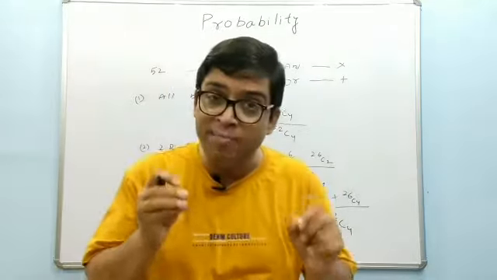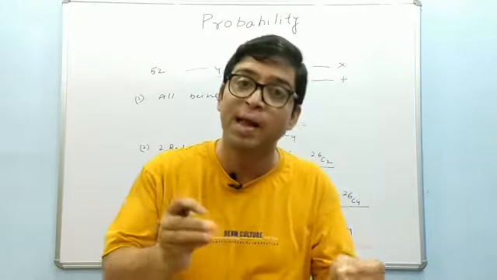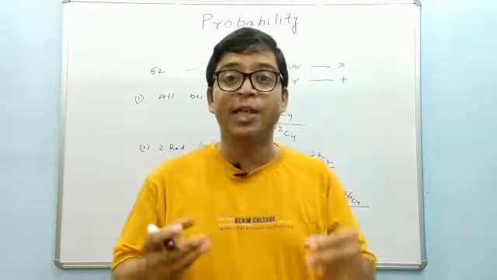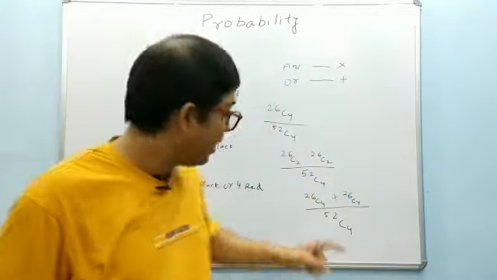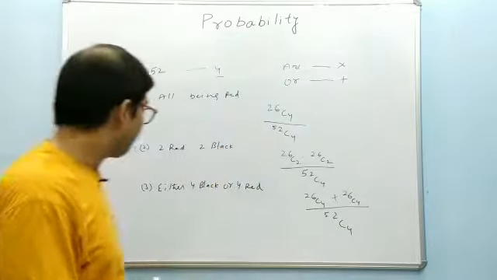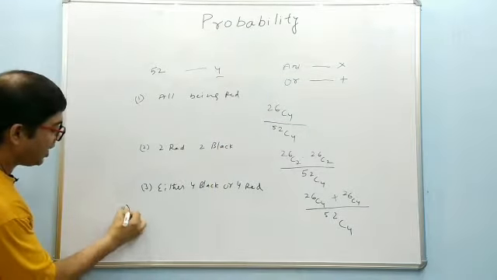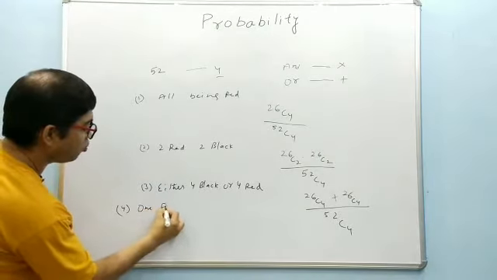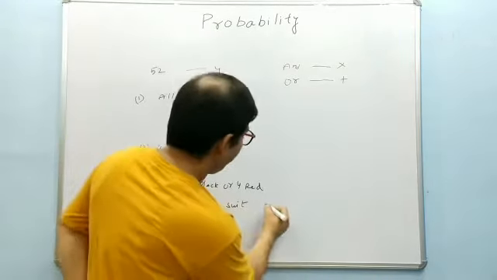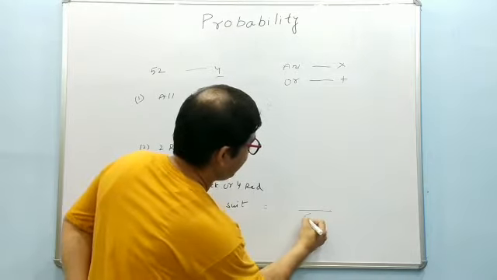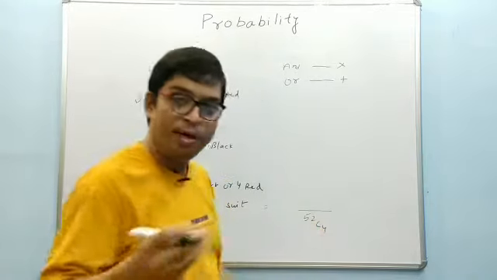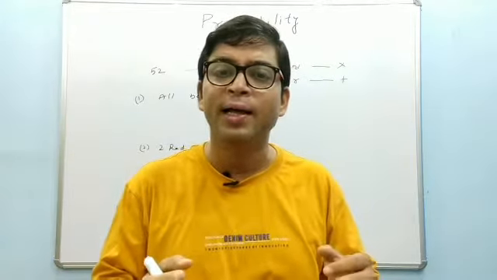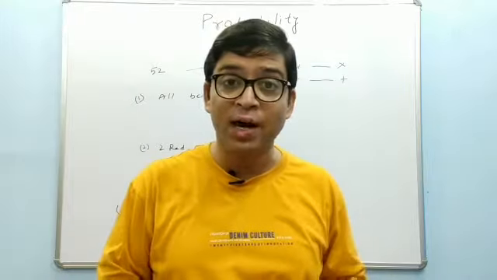I am just developing the concept of plus and into here, where to go for multiplication and where to go for adding, and you will find that. Suppose I am writing: 4 cards are to be selected, 1 from each suit. We know that total outcome remains the same, 52C4, not a problem at all. 1 card from each suit. We know that 4 suits are there in a bundle of 52 cards.